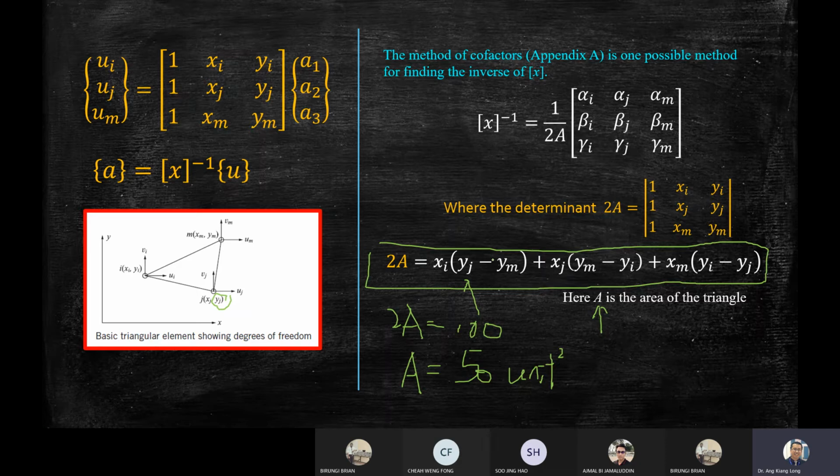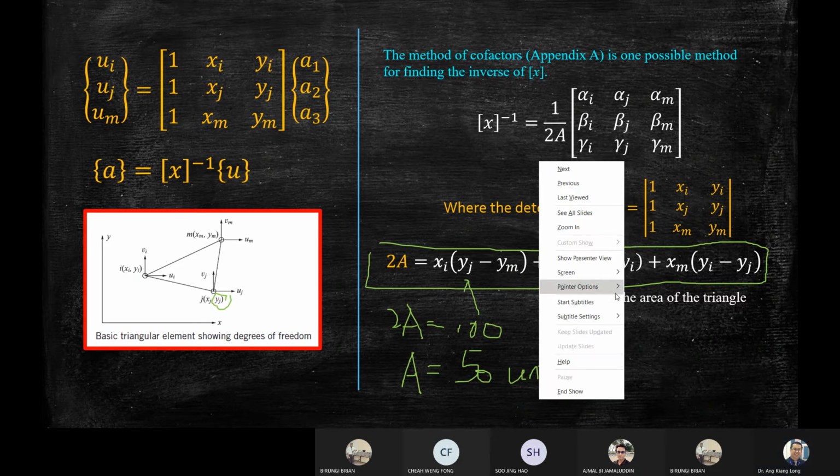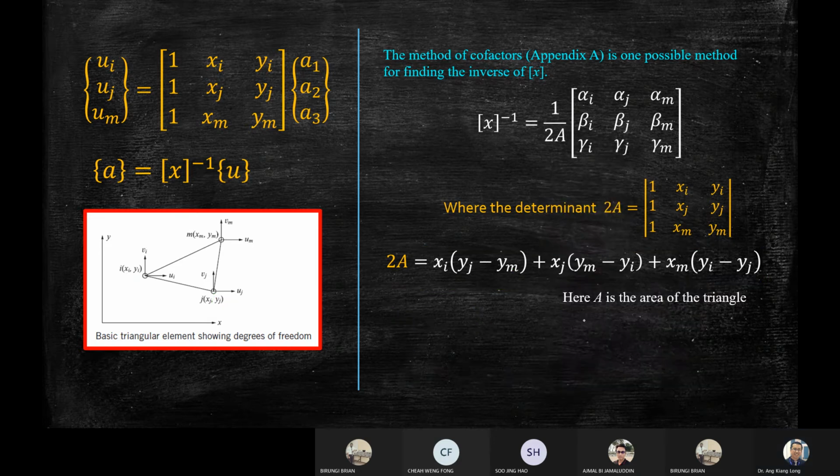It will tell you the area of your element is too small, or insufficient for solution. So this is the fundamental equation used by the software. This is an important equation to solve for area.